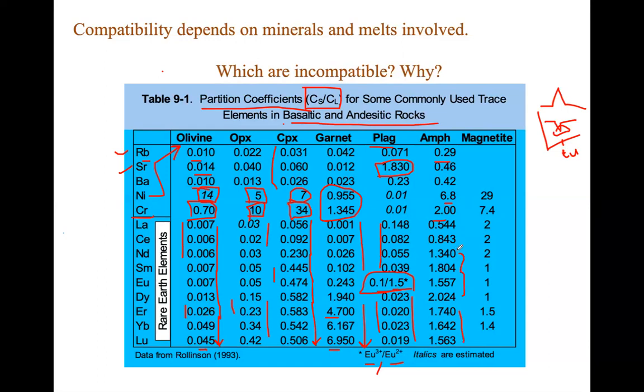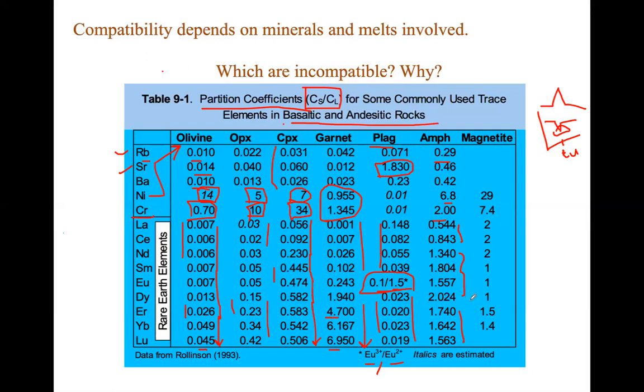So from middle to heavy rare earth elements you can see some preference for amphibole, compared to the light rare earth elements like lanthanum and cerium. Even those have a little bit higher values compared to previous phases. So overall, all the rare earth elements like to partition into amphibole.